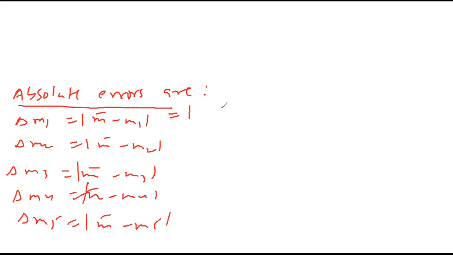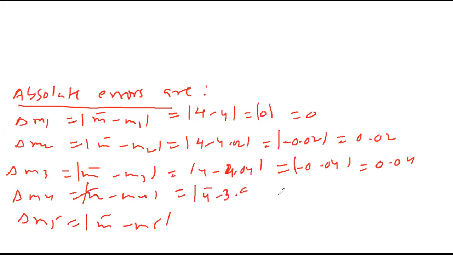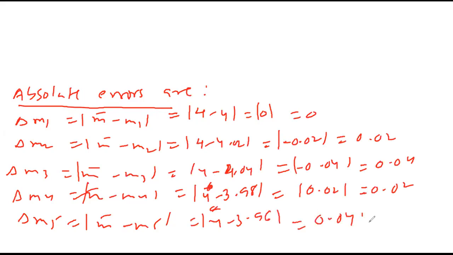So first one will be 4 minus 4, which is actually 0. Next is 4 minus 4.02, which will become minus 0.02, so outside it is 0.02. 4 minus 4.04 gives 0.04. Then 4 minus 3.98 equals 0.02. Then 4 minus 3.96 equals 0.04.